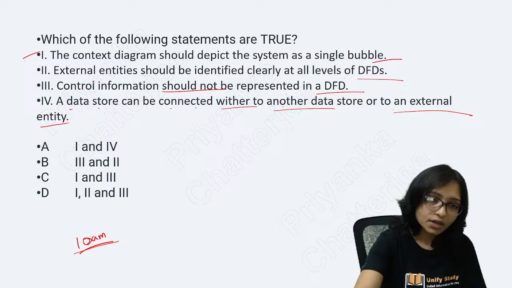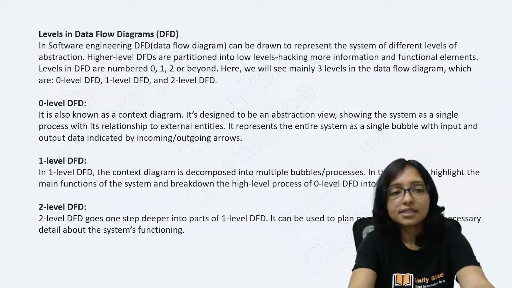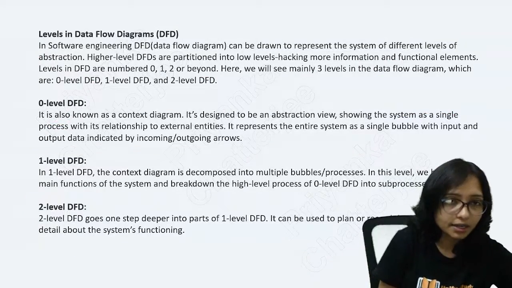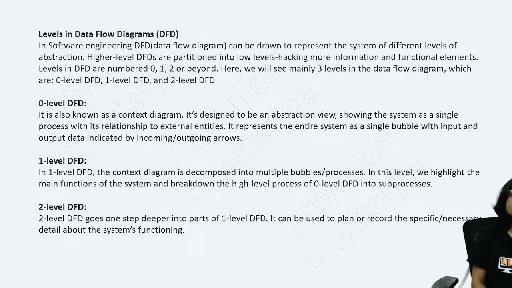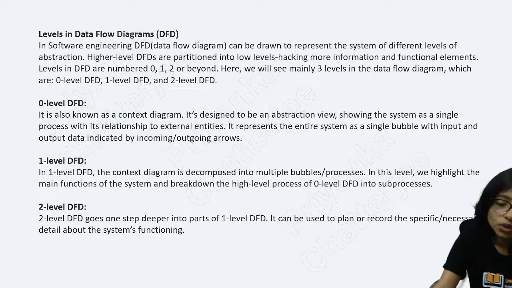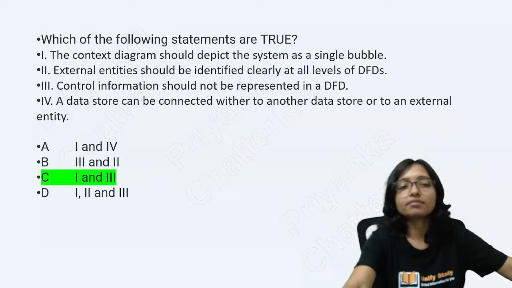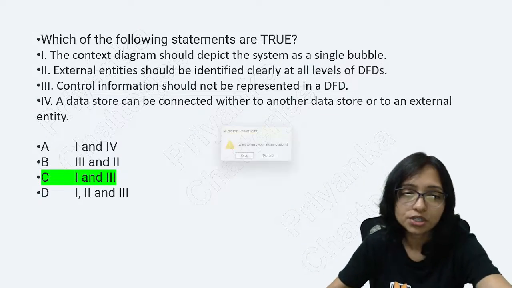So here I got the answer, and this is your 0 level DFD, 1 level DFD and 2 level DFD. Very important. 0 level DFD means context in a single bubble. 1 level means all the important functionalities you are representing in level 1. Level 2 is the detailed DFD. Each and every functionality we are explaining in detail. That is the level 2 DFD. And the answer will be option C.